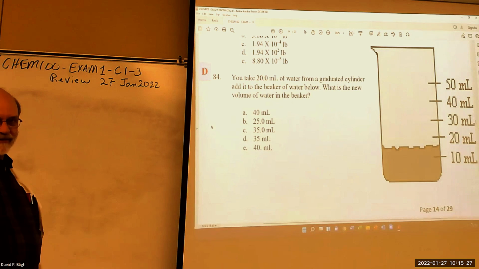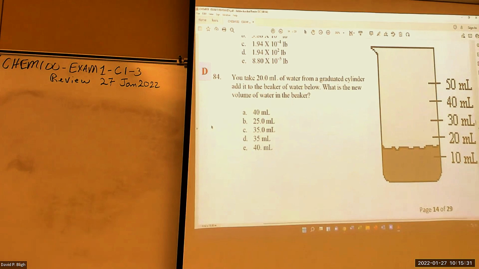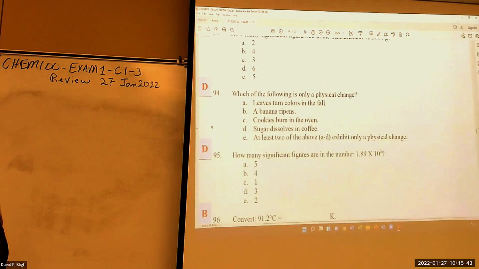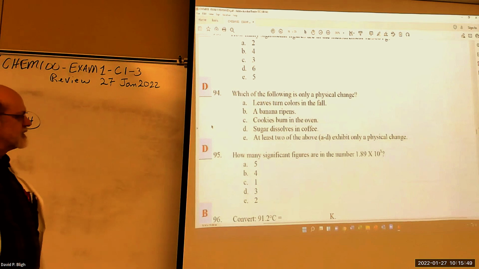Real world experience. Let's see, 84, we did that one. How about, oops, must be a lot of repetition here. Let's get to 94. Here we go. 94. Which of the following is only a physical change?